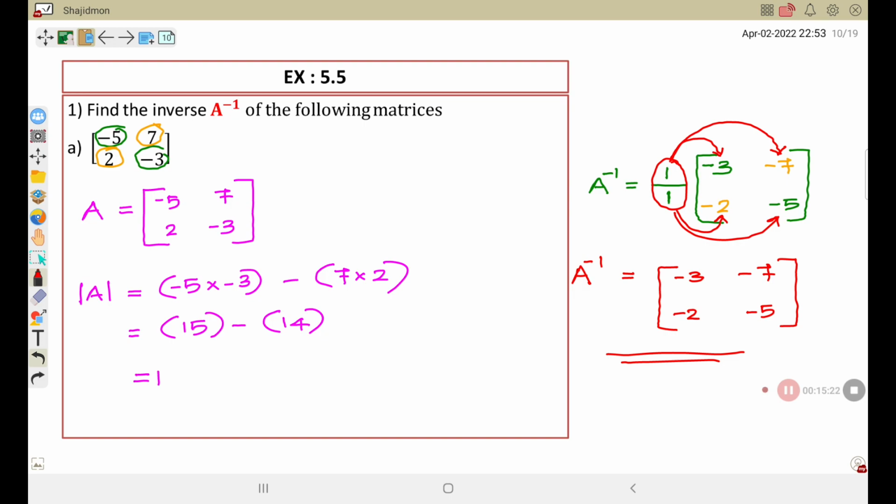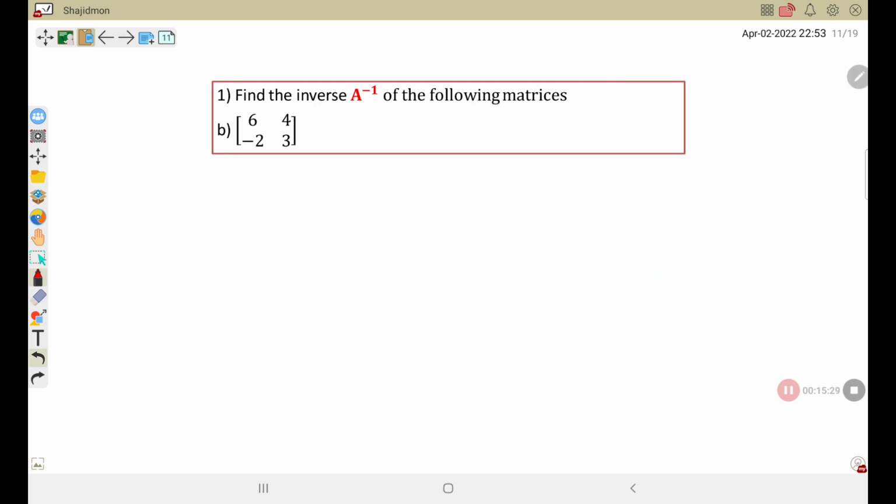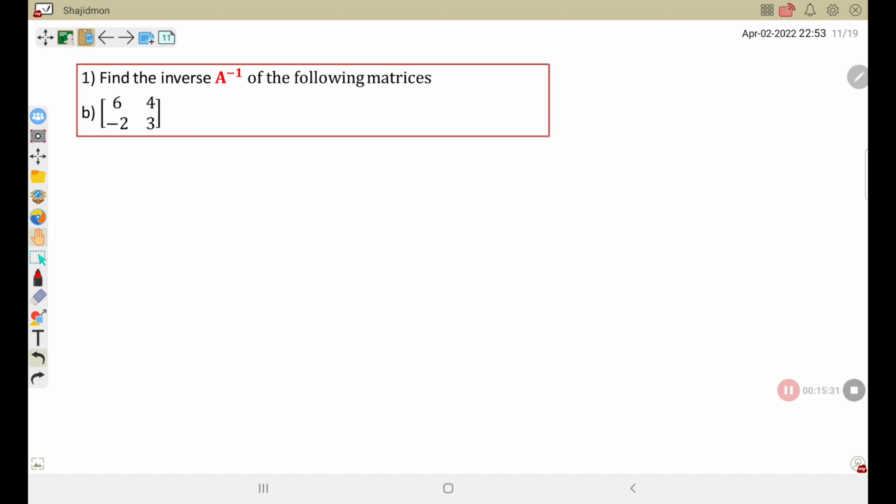In the same way we will discuss one or two more examples. For example, this one, the second question. Find the inverse A inverse of the matrix 6, 4, minus 2 and 3. First we take A equal to matrix 6, 4, minus 2 and 3.